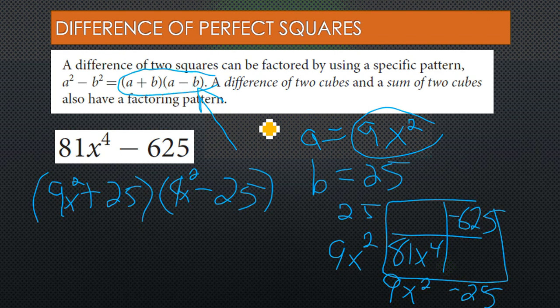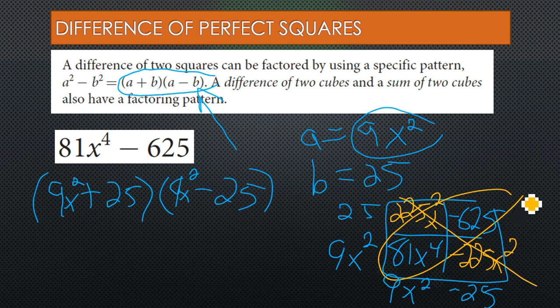This is going to give us positive 225x squared, and then down here, negative 225x squared. So you can see when we add those two, our middle terms cancel, leaving our original piece. So difference of perfect squares. Be able to recognize it and almost factor it in your head, really, once you see enough patterns.